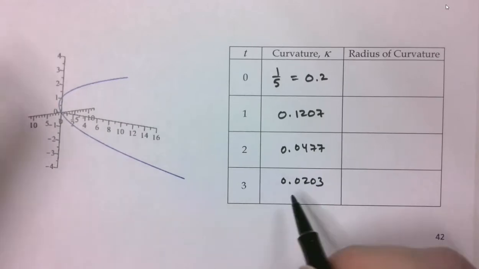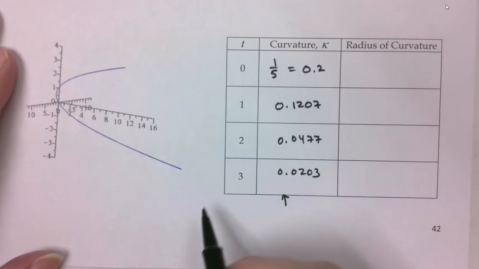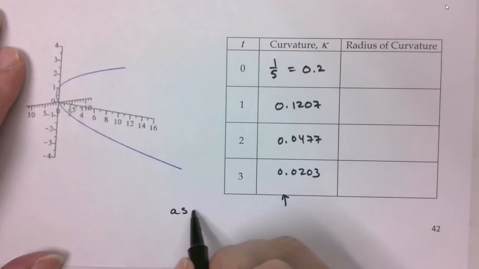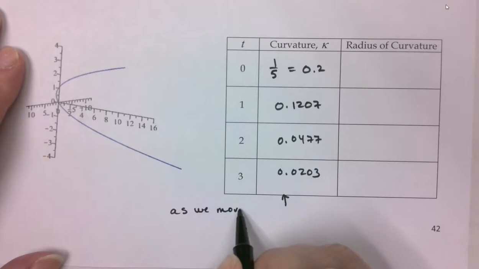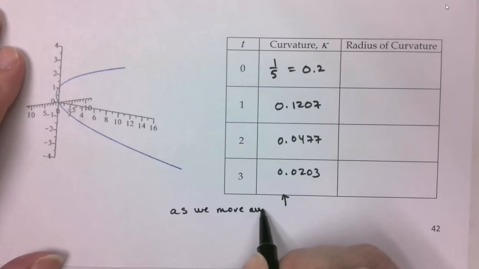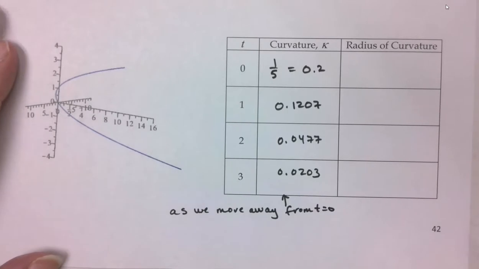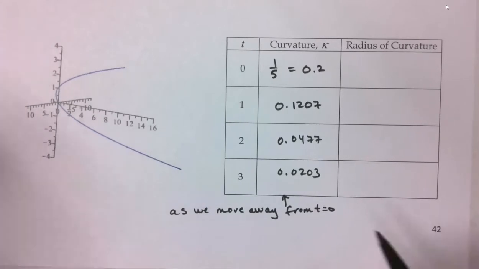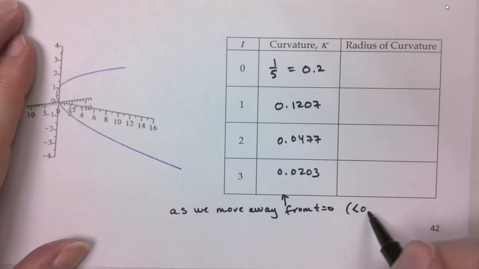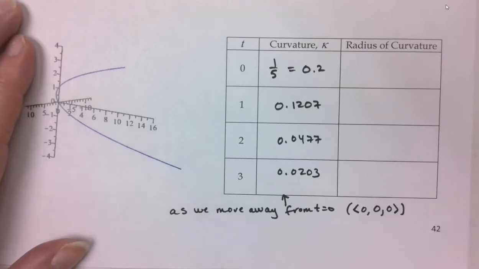So you'll notice the curve is flattening out. As we move away from t equals 0, wherever that point might be, which I actually think was the origin in this case. If you put it in the original function, you'll see it's the origin.